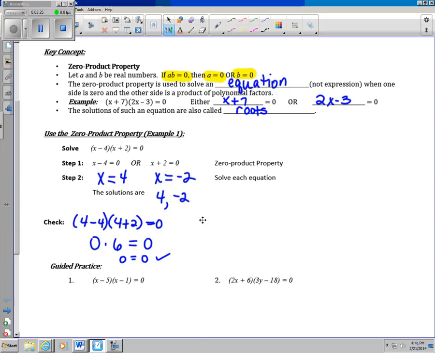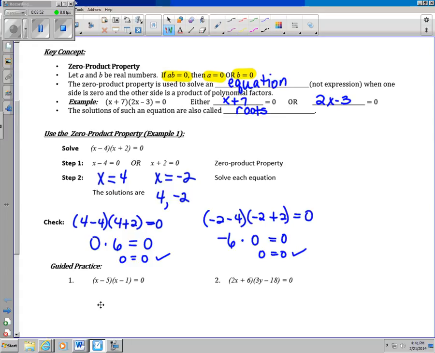Put in negative 2 for both of our x's. We get negative 2 minus 4 and negative 2 plus 2. In the first parentheses, we end up with negative 6, and in the second, we end up with 0, and 0 equals 0. So these two solutions do check out.